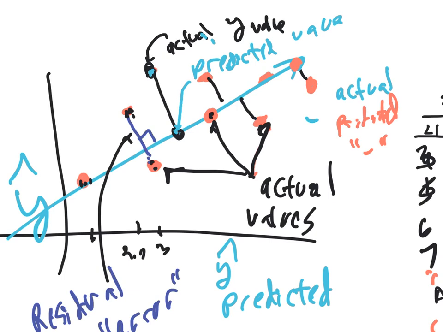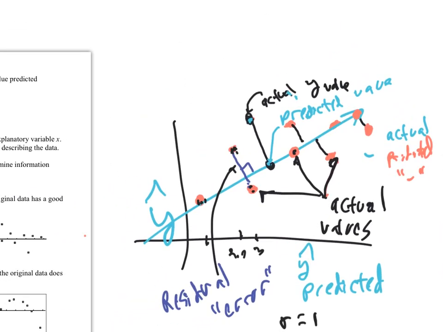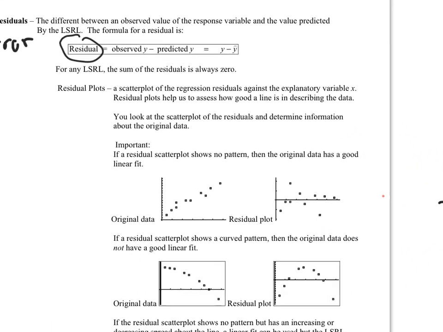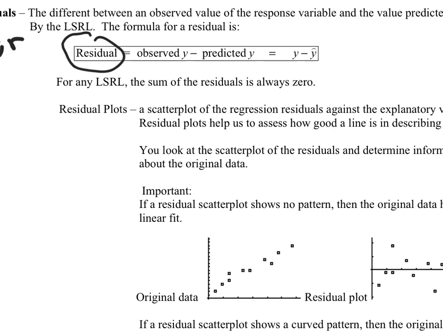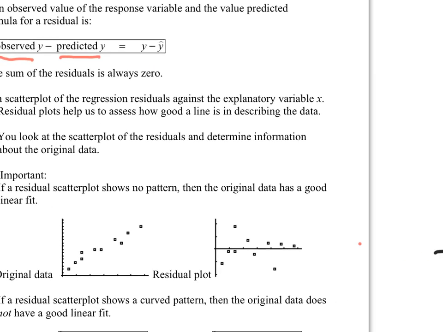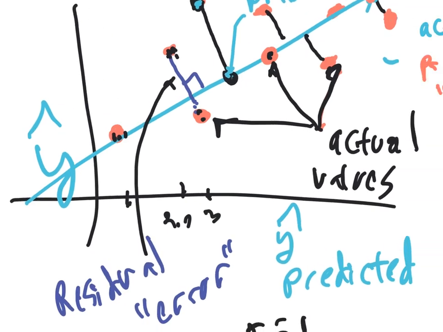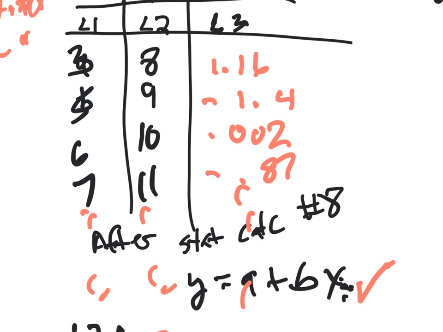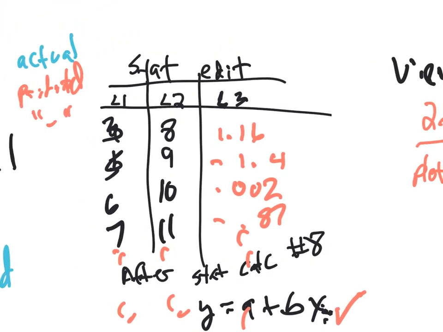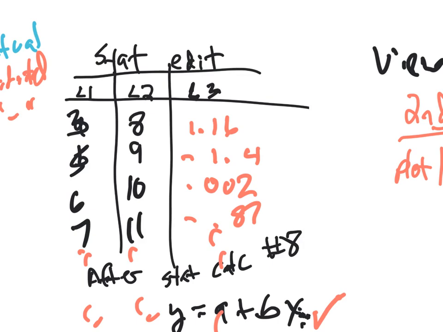So that takes you to your formula. Back to the formula. Observed y value minus the predicted y value. That's what your calculator did when it created that list of residuals. It actually did.